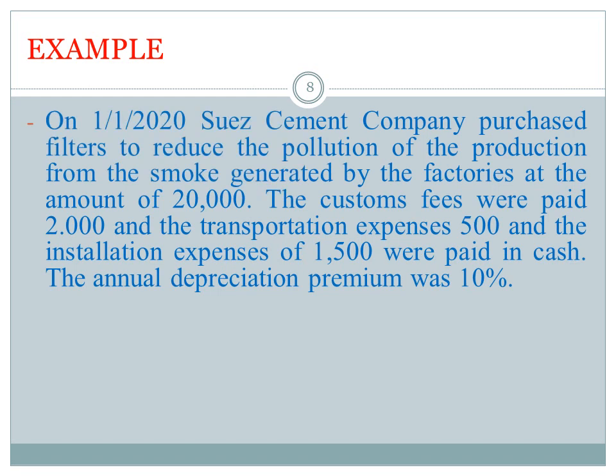Example. On 1 January 2020, South Company purchased filters to reduce the pollution of the production from the smoke generated by the factories at the amount of 20,000. The customs fees were paid 2,000 and the transportation expenses 500 and the installation expenses 1,500 were paid in cash.